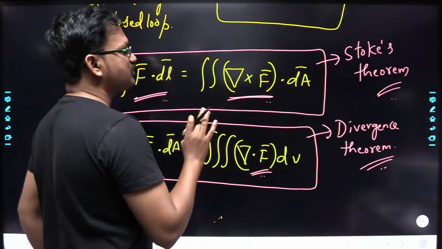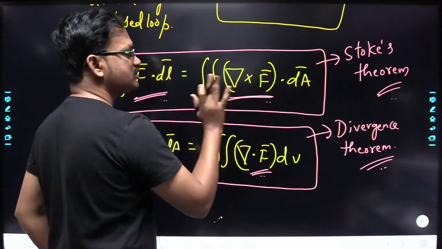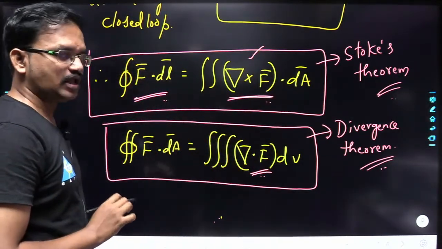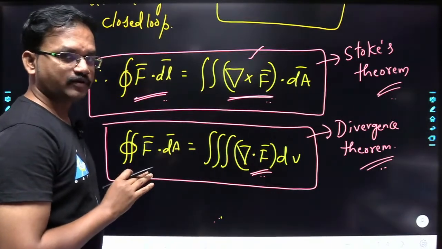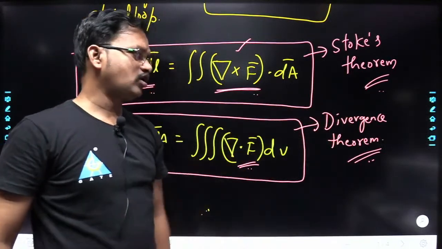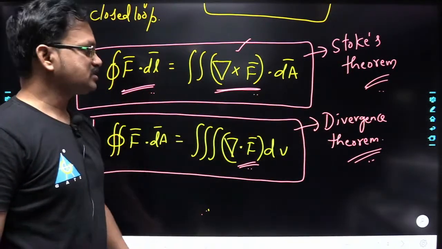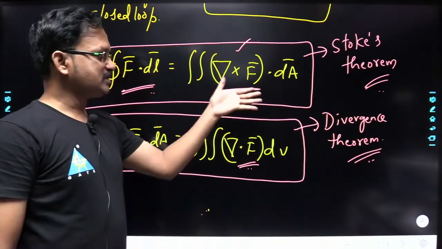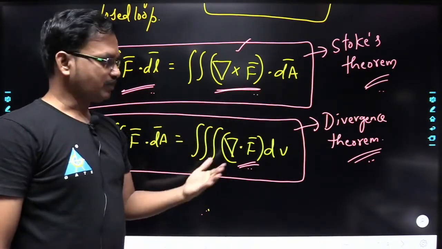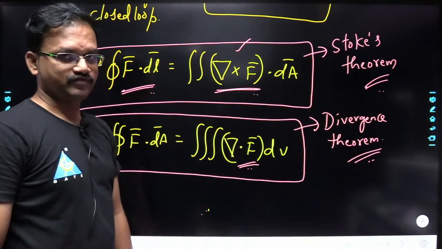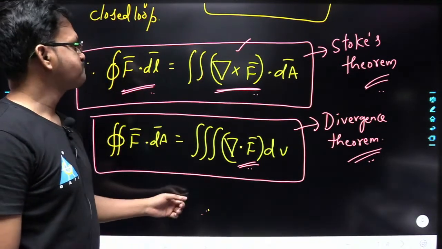If you add up the curls at each and every point throughout the surface, that is going to give you the circulation of the vector field around any closed loop. This we call Stokes theorem, and this we call the divergence theorem. The purpose of Stokes theorem and divergence theorem is that by using these theorems, the mathematical calculation gets very much simplified. Yes or no?